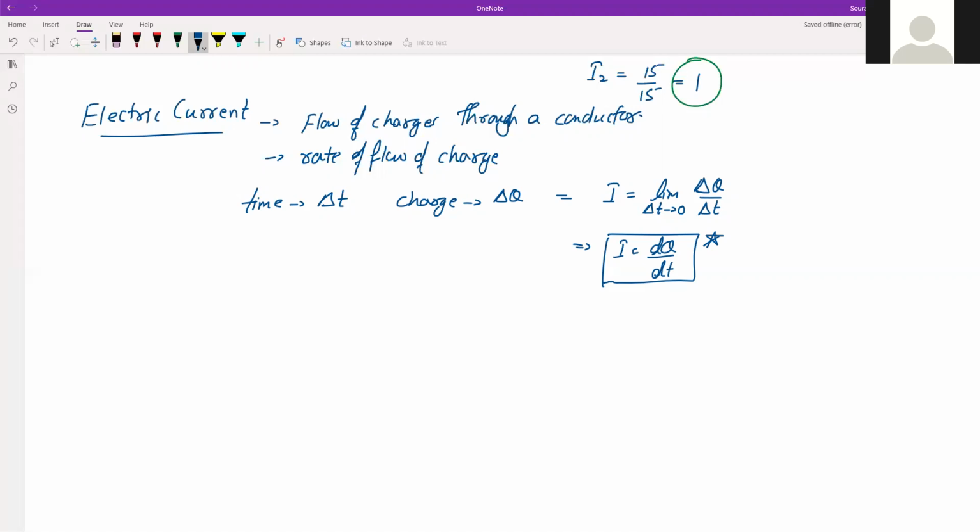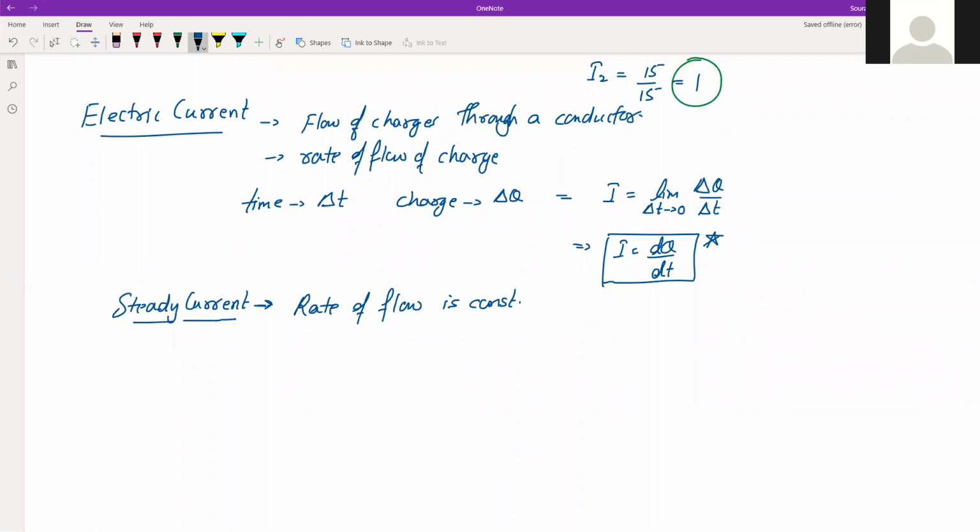Now, there are different types of current. When we say steady current, that means current whose value or magnitude does not change. So that is actually that current whose rate of flow is fixed. So rate of flow is constant with respect to time.